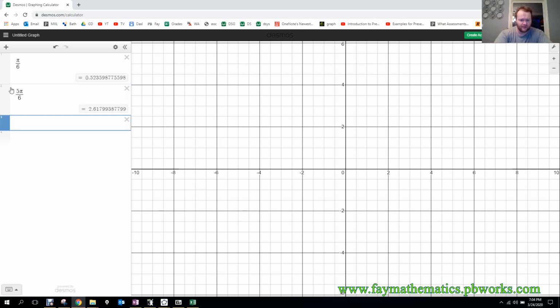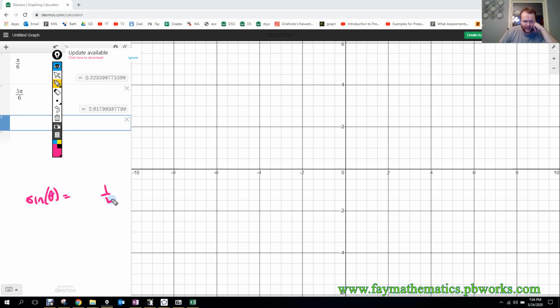So now, if you remember the equation we had, sine of theta equals 1/2, and what we've talked about in the past, if we have sine of theta equals 1/2, we can take sine inverse of this side, sine inverse of this side.